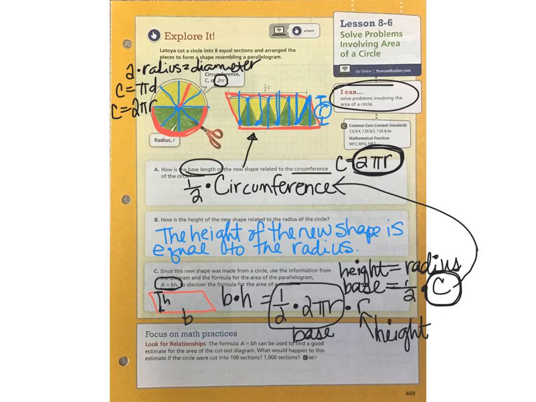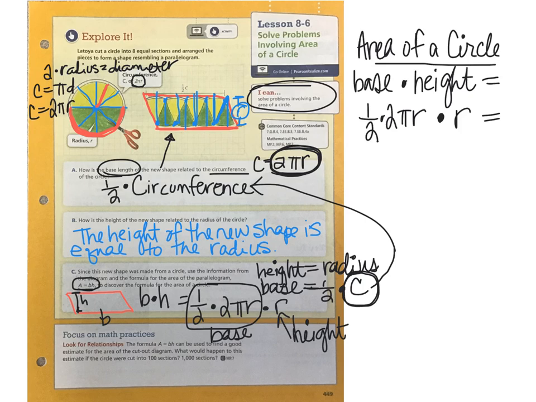Now you're saying, okay, what does that do for me for my formula for area? So hold on just a second, and that's what we're going to simplify. All I've done is rewrite what I had in part C over here on the right side of my page so that I can simplify.